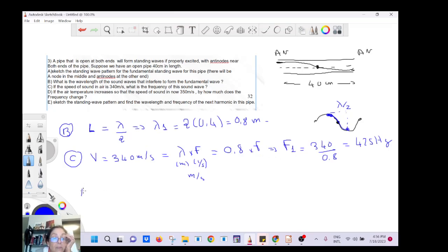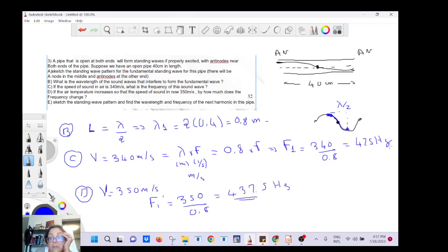Okay, D, what's going to happen now if you increase the temperature? So the speed of sound is the speed of those air molecules, moving randomly because of the temperature. So that's going to be 350. So you increase the temperature. And what's going to happen to the frequency? It's going to be 350 divided by 0.8. Okay, and you get 437.5 hertz.